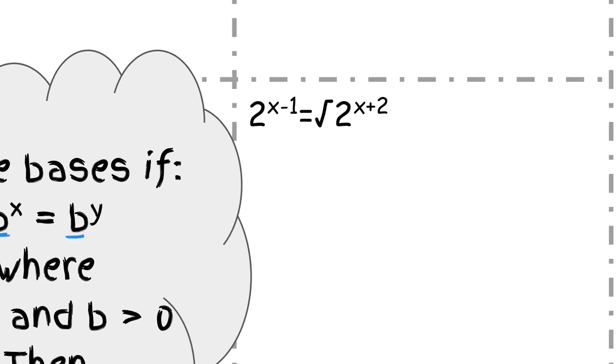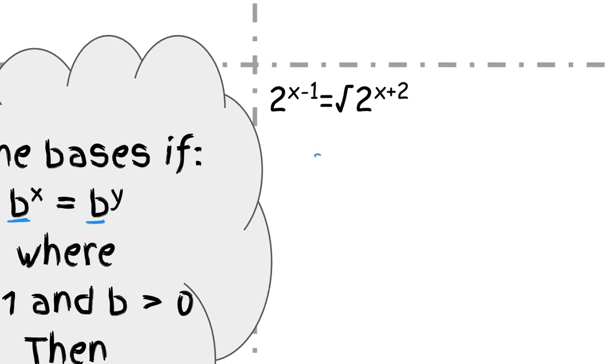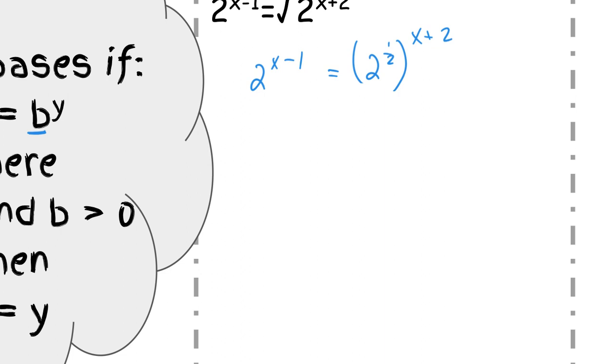So let's go on. We got a 2. We got 2 to the x minus 1. Square root of 2, isn't that 2 to the 1/2? So same bases, so I can bring my x minus 1 down, my 1/2 x plus 2.